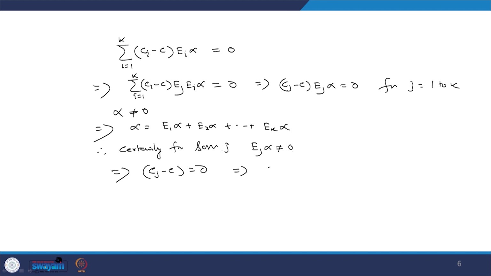So, this implies Cj equal to C. So, this implies C1, C2, Ck are the only eigenvalues of the operator T. Okay, so if I somehow can show that the range space of each Ej is exactly the null space of T minus Cj I, then I can say that the operator T is diagonalizable.